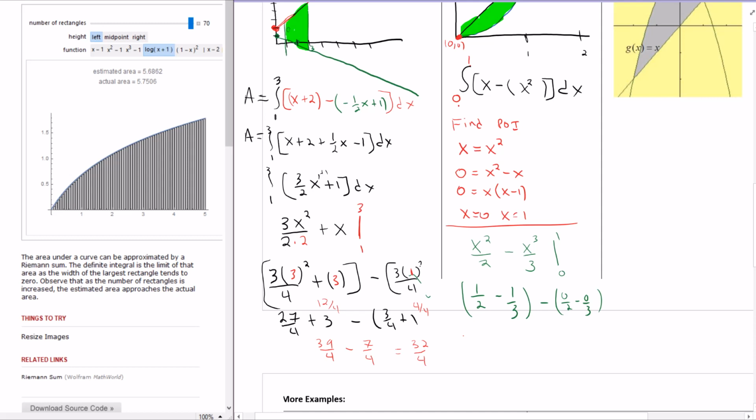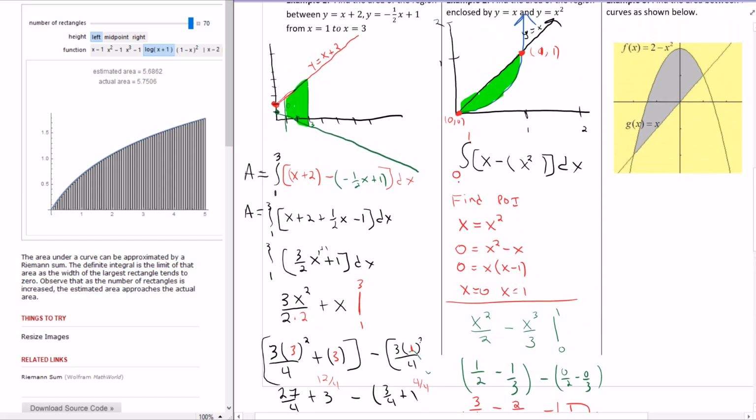So we just have to do 1/2 minus 1/3. 1/2 is the same thing as 3/6, and 1/3 is the same thing as 2/6. So we need to do 3/6 minus 2/6, and you get 1/6 units squared. All right.